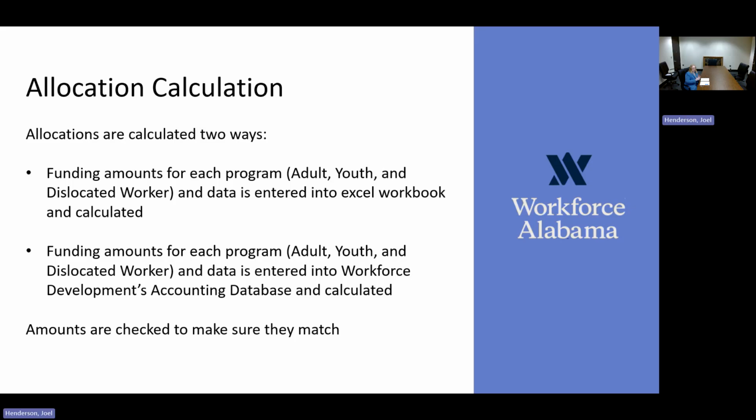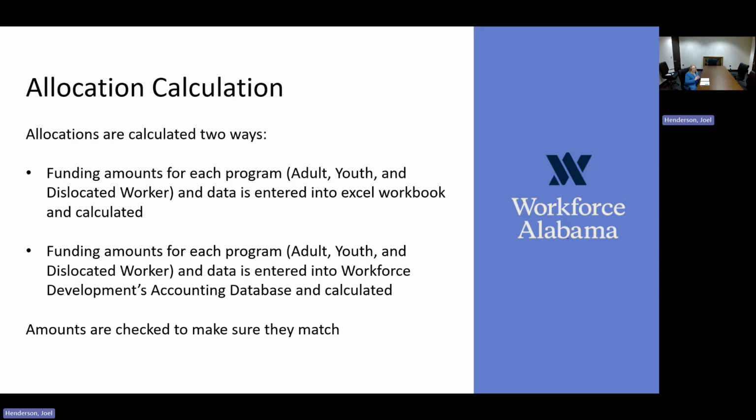The calculations all come up to one total for the county, and then the counties are all listed by area. So for the region, all the counties are totaled up, and that is the weight or the percentage of funding that region will receive.